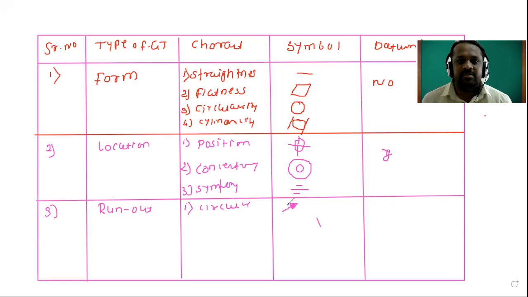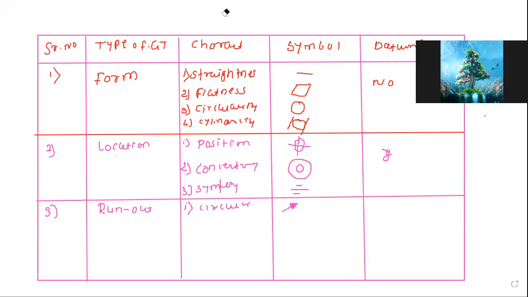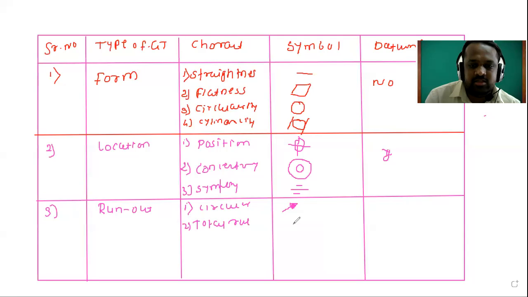And the next is total runout, and the symbol for total runout is two arrows like this. Here datum is required.